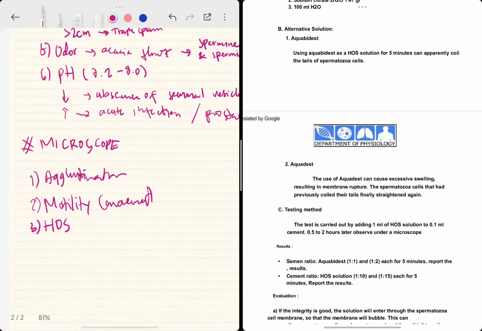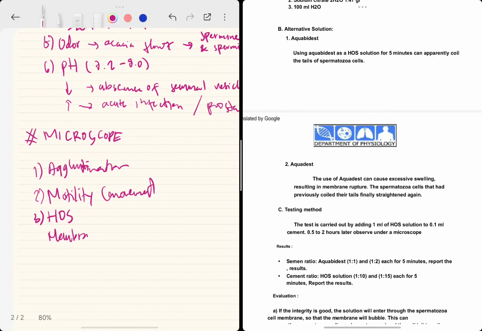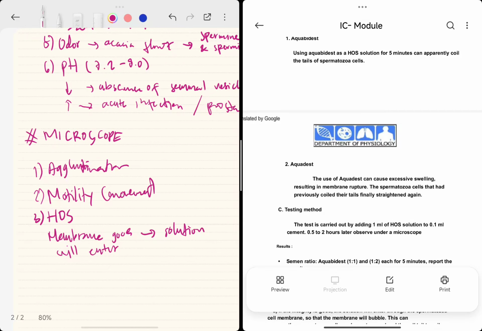If the membrane of the cell is good, then the solution will enter the cell and the membrane will swell. And the tail will coil.